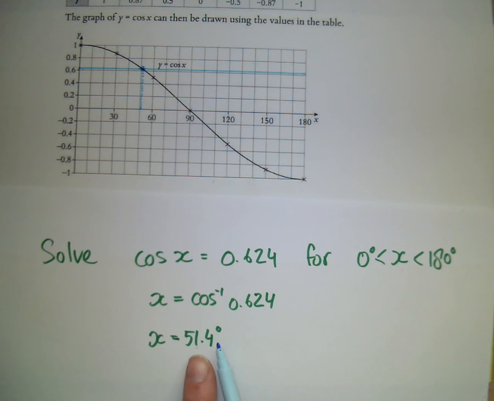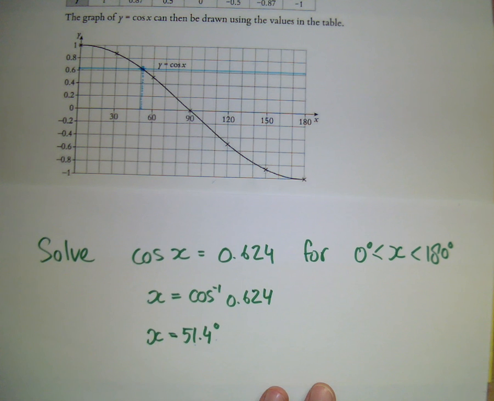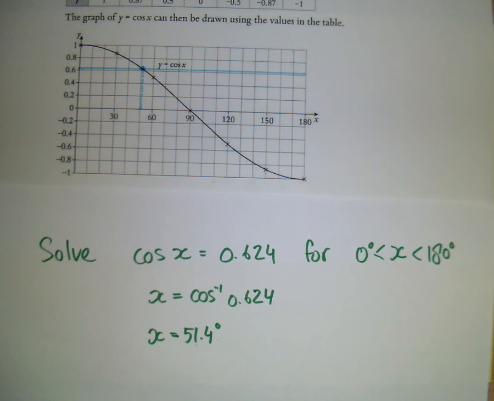So this is our only answer for x. So be sure to use the graphs to see, am I looking for one answer or for two? And practice using your calculator correctly to find inverse cosine and inverse sine and then just have fun with it.